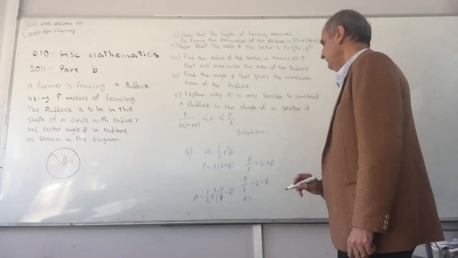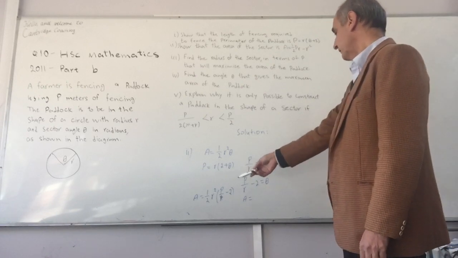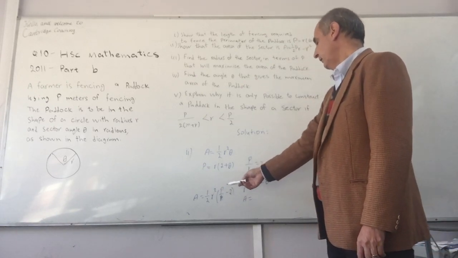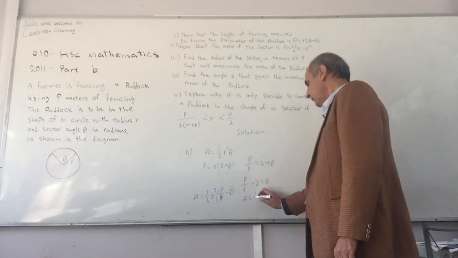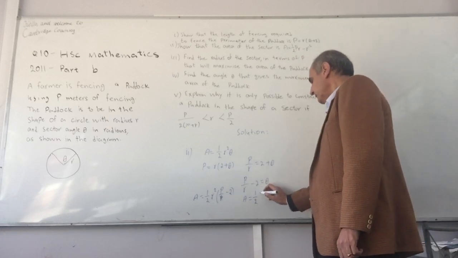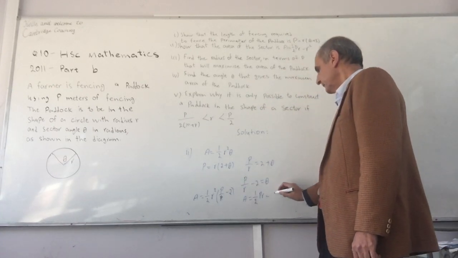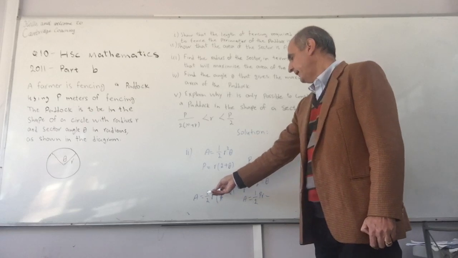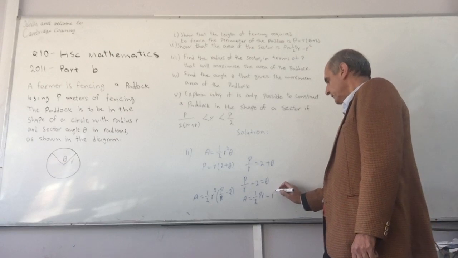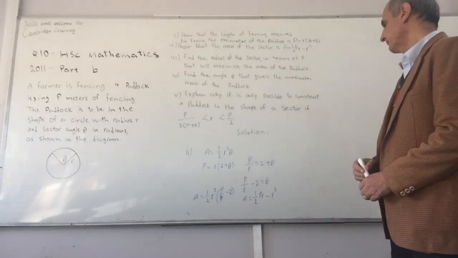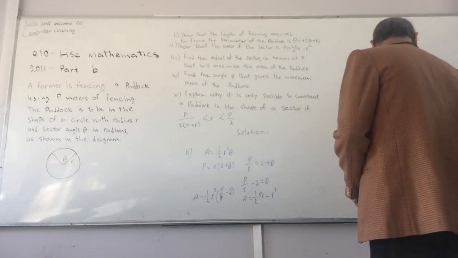So A is equal to half r squared times P on r; one of the r's cancels out, so you end up with r, and you have a 2 in the denominator, or you can keep it as half the way they put. So half times Pr, that part. Then you have a minus. And when you expand that, the 2 and half cancel out, you end up with just r squared. That is the answer for part 2.